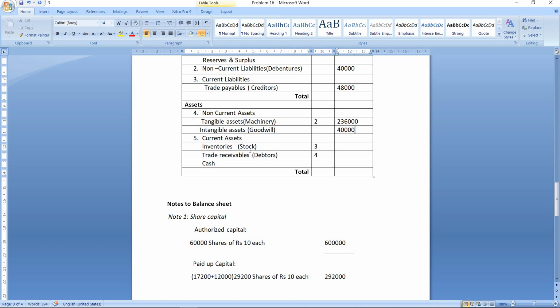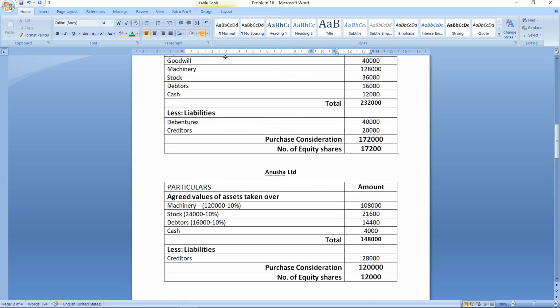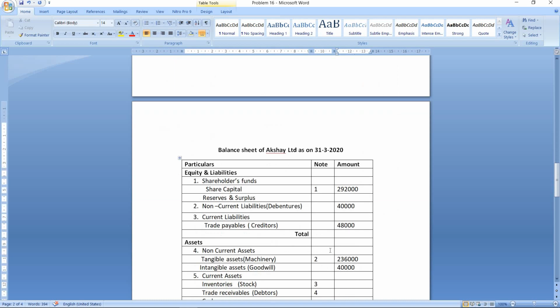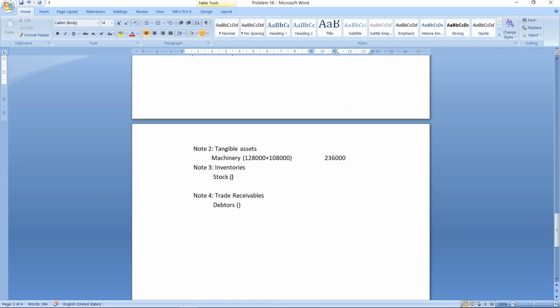Next asset that we have is stock. So new value of stock is given for both the companies. So we will take that. Now stock for Arpita Limited is 36,000 and that of Anusha Limited is 21,600. All right. So let us pass a note. Note number 3, inventories in that stock, that is 36,000 plus 21,600.